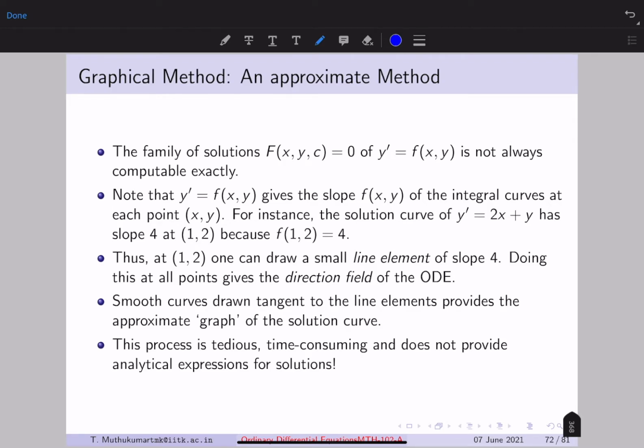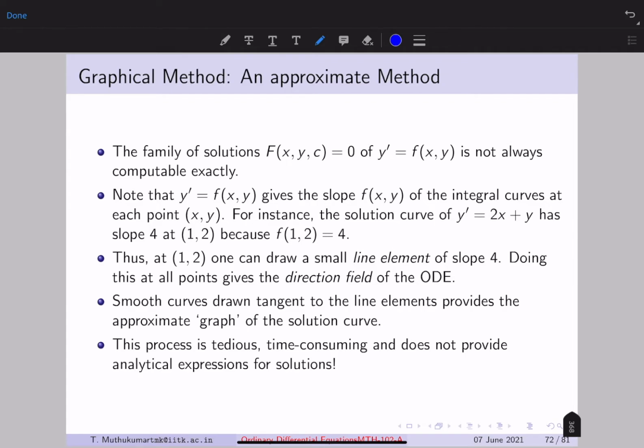When you can't find a closed form solution, and you're sure that you can't, but you still need to get a hands on the solution, then you employ this kind of an approximate method, right? And as you can see, the idea is easy, but you imagine we have to plot the slope of the tangent line at every point and then draw curves such that these lines are tangential to the curve that we are drawing, and so on.